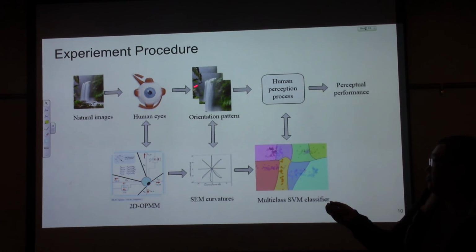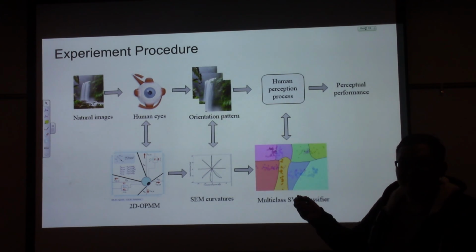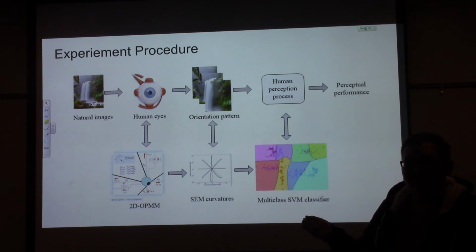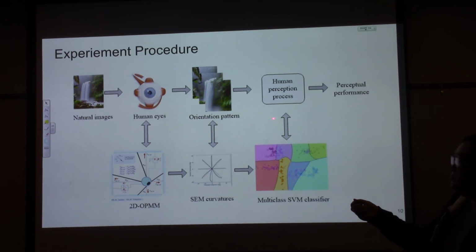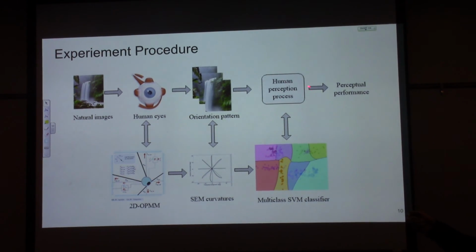But if we don't have enough images, SVM shows very good performance. So actually, we are modeling the human perception process by a multi-class SVM classifier. But our point is that since machine learning is actually learning how humans recognize and classify things, if you use another classifier, you can also reproduce the oblique effect as we did. It's not very specific to the classifier.